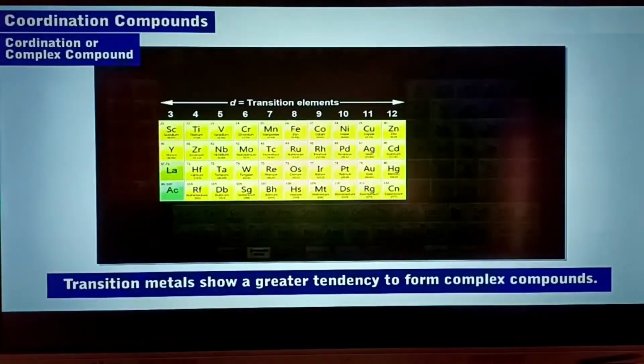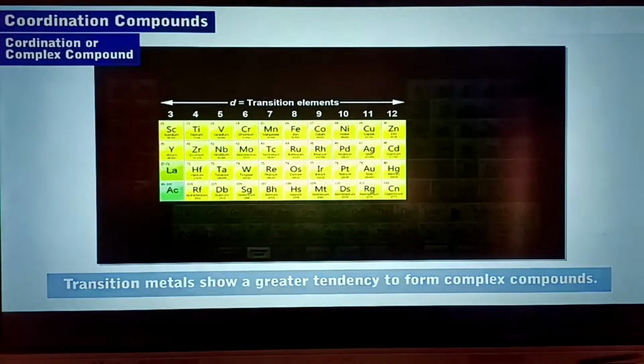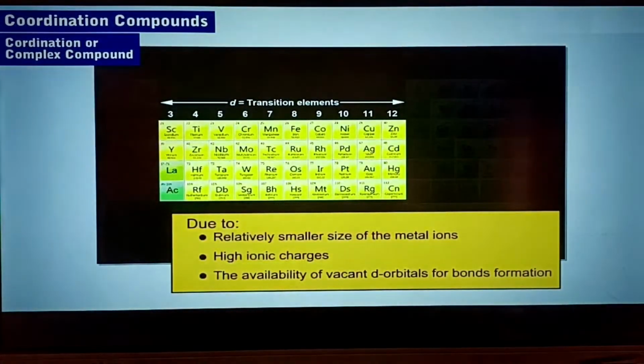Transition metals show a greater tendency to form complex compounds. This is due to the relatively smaller size of the metal ions, higher ionic charges, and the availability of the vacant d orbitals for bond formation.